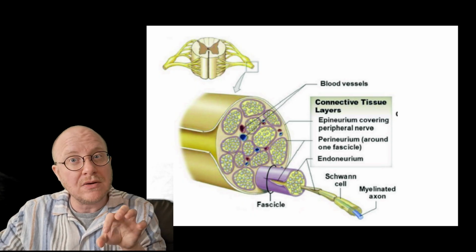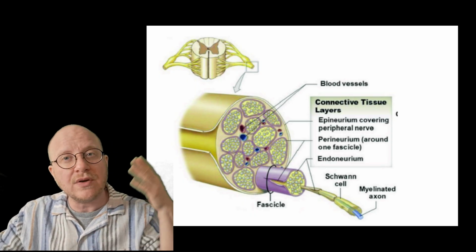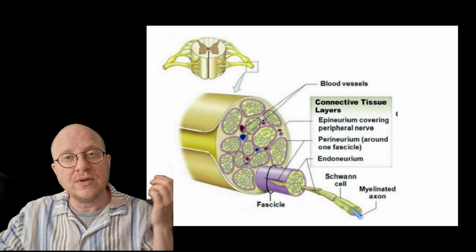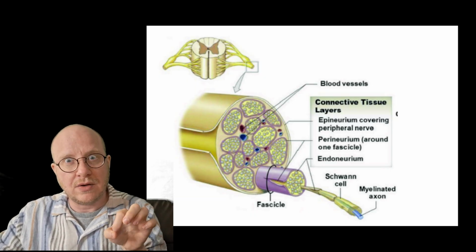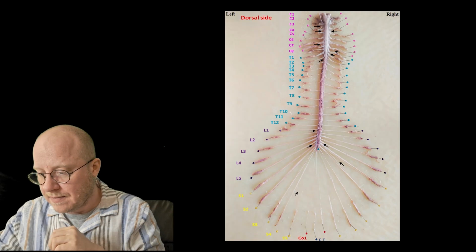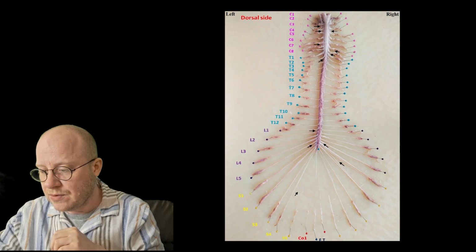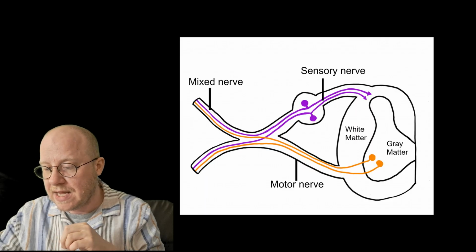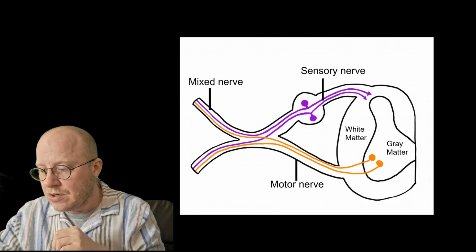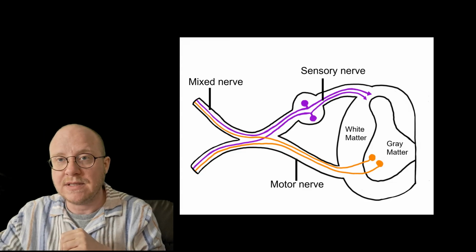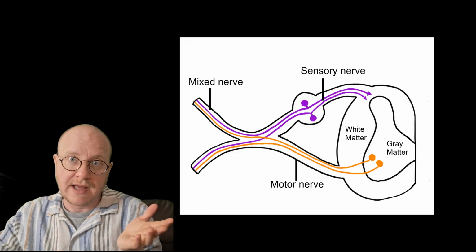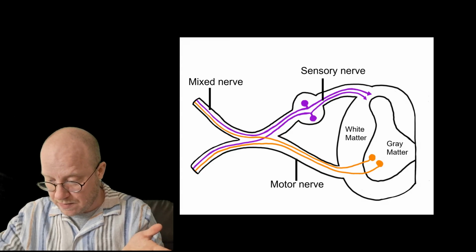They're just bundled up together. So they're still running their own pathways, doing their own thing, but they can be bundled up in the same nerve together. The 31 pairs of spinal nerves may contain both sensory and motor neurons, carrying action potentials in opposite directions. Nerves that contain both sensory and motor neurons are called mixed nerves. That's intuitive. There you go.